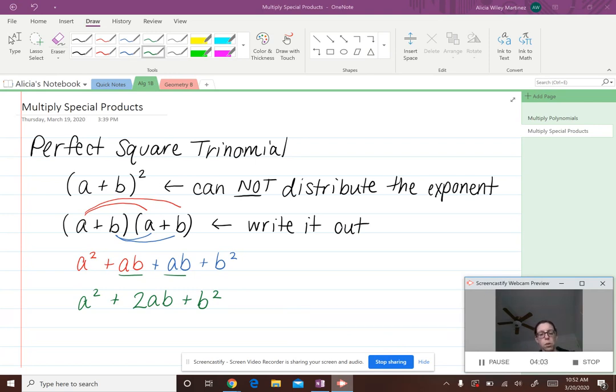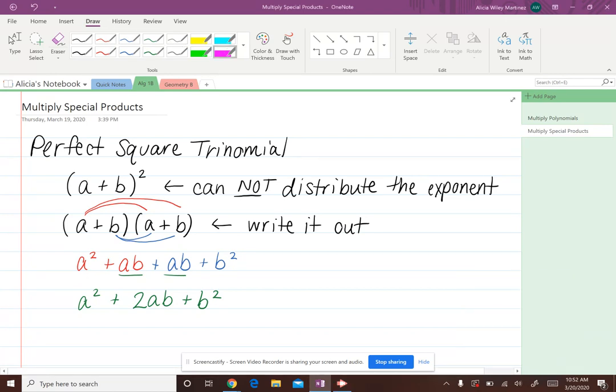Now, something to pay attention to is some patterns that we see. A couple patterns that we see in this problem come from the first and last terms.